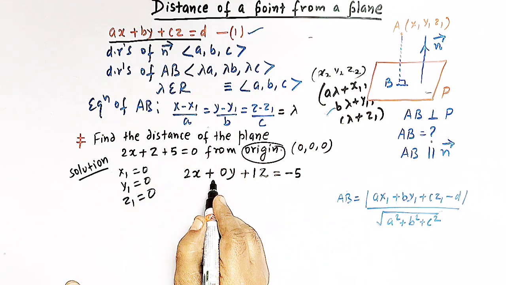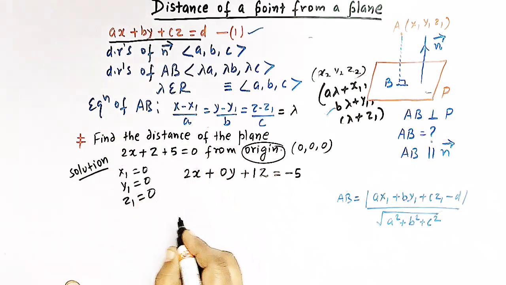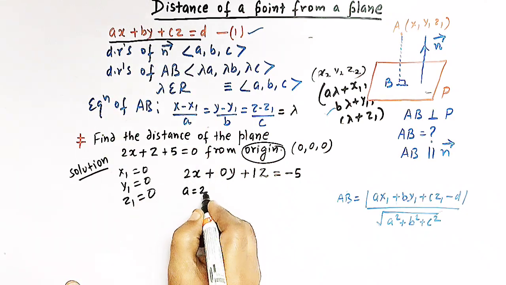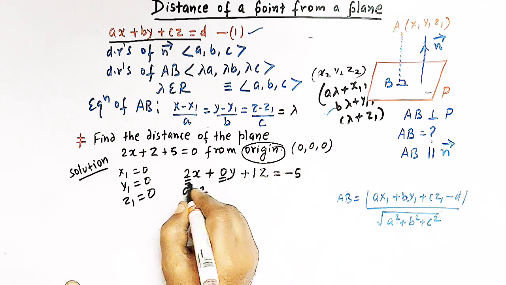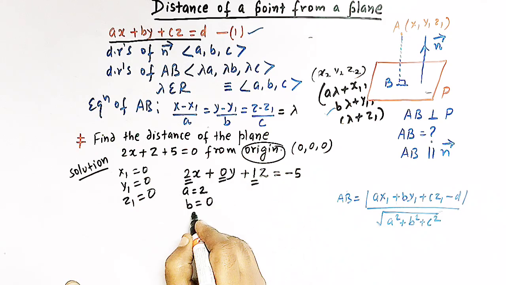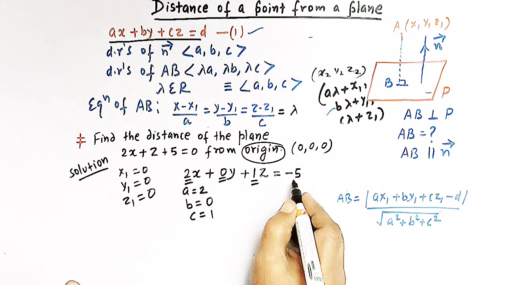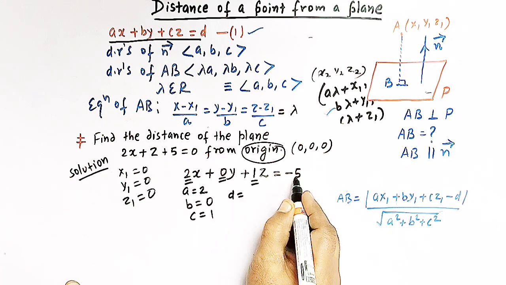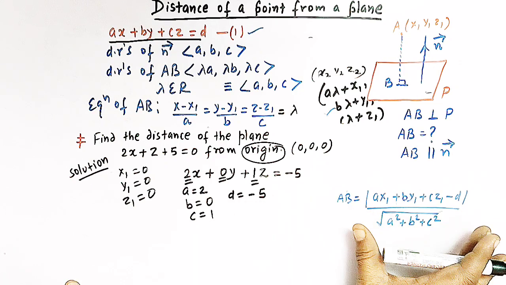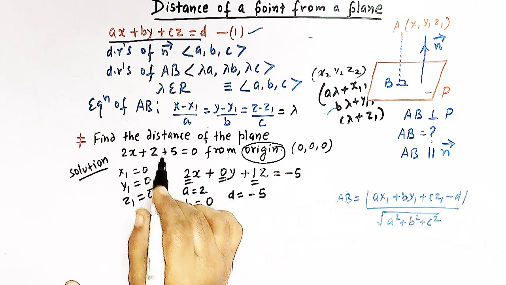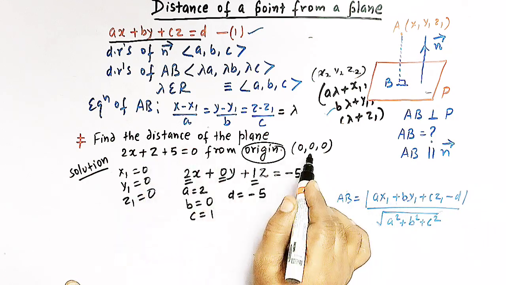If we compare this equation with this one, then the value of a is 2, the value of b is 0, the value of C is equal to 1, and the value of D is minus 5. So let us apply this formula to get the distance of this plane from origin.